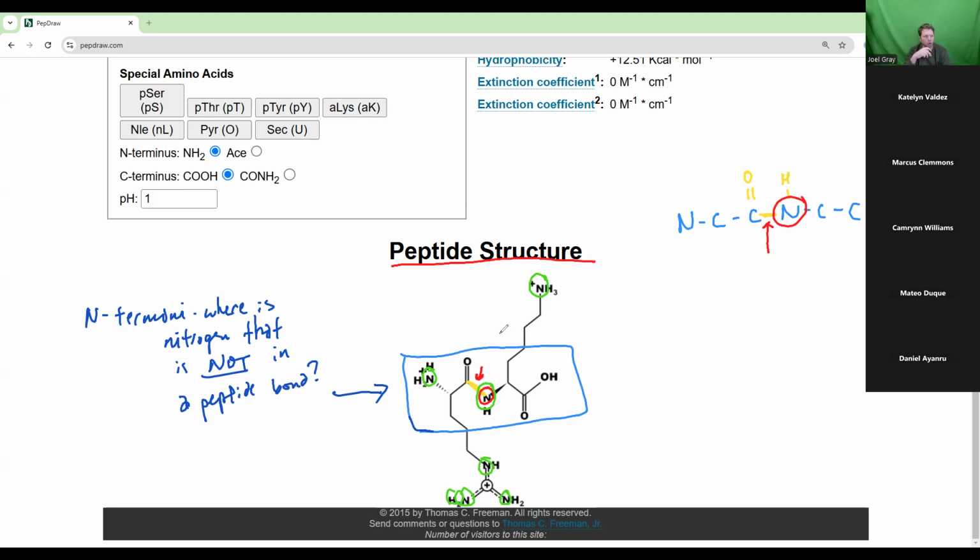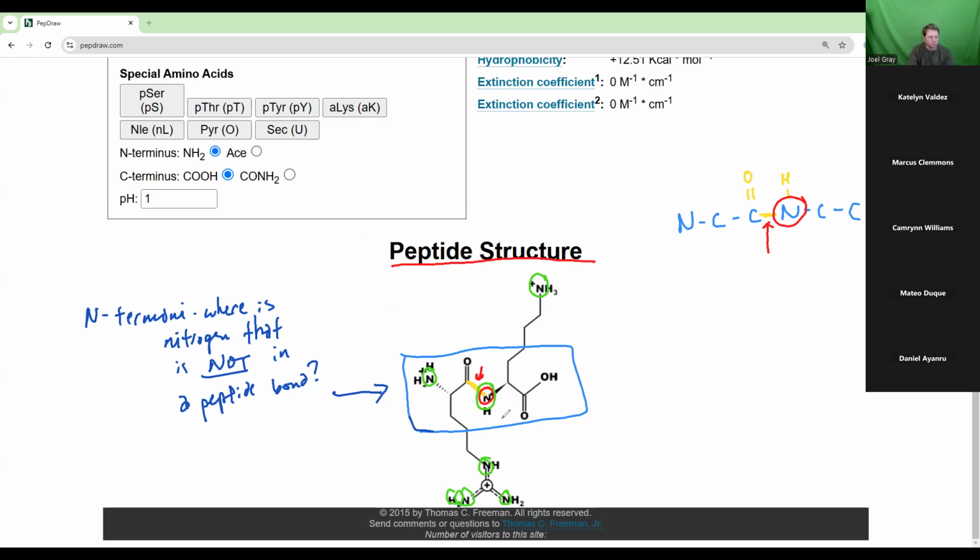The way that we can answer it is that we've already identified one nitrogen that's in a peptide bond, the one that's circled in both green and red. So if you use deductive reasoning, we've got two total nitrogens.